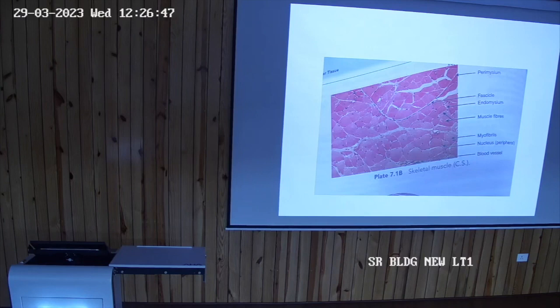Then look at this diagram, this is the skeletal muscle. As I told you previously, the muscle consists of bundles of muscle fibers. Look here, these are the bundles of muscle fibers. This bundle of muscle fibers is collected here, and another bundle of muscle fibers here, like this. And this whole bundle of muscle fibers is covered outside.